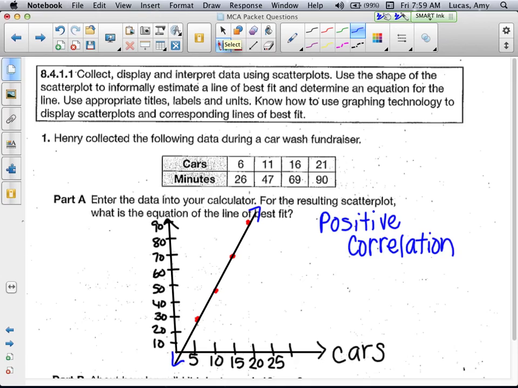And for my line of best fit, I am going to say my intercept looks like it's at about -10.